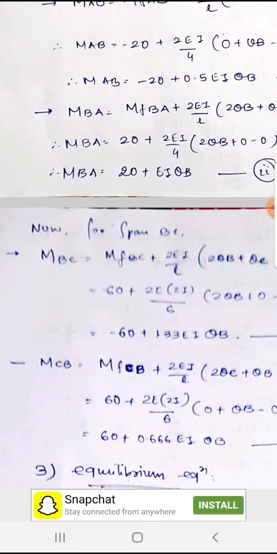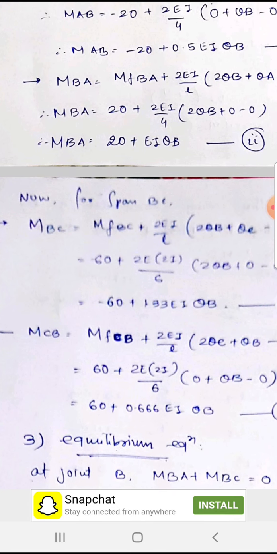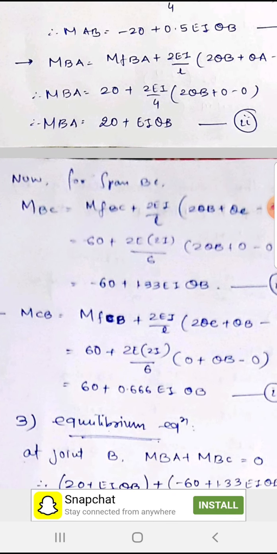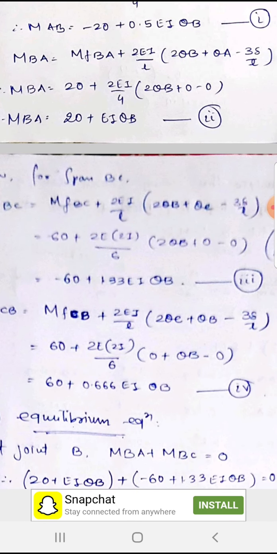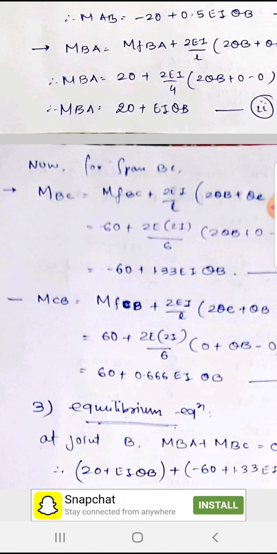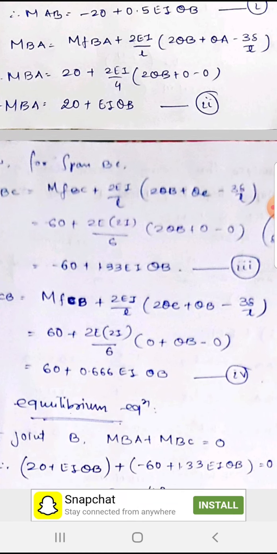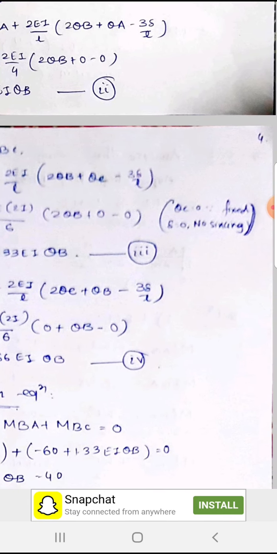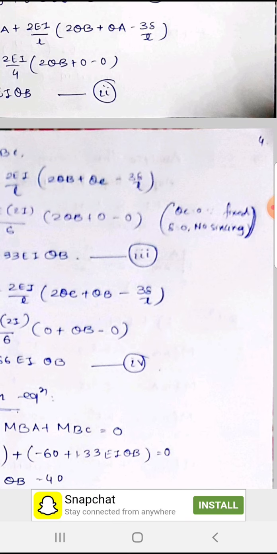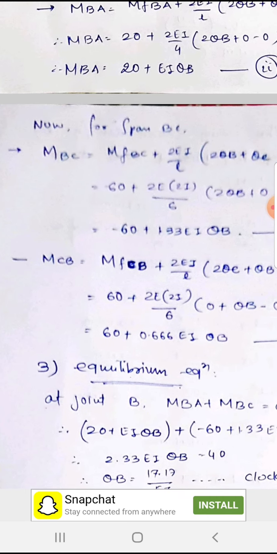Now the same thing for the next span, that is BC. MBC is equal to MFBC plus 2 EI upon L in the bracket 2 theta B plus theta C minus 3 delta upon L. Here again theta C is equal to 0 because it is fixed at C, and there is no sinking, that's why delta is equal to 0.